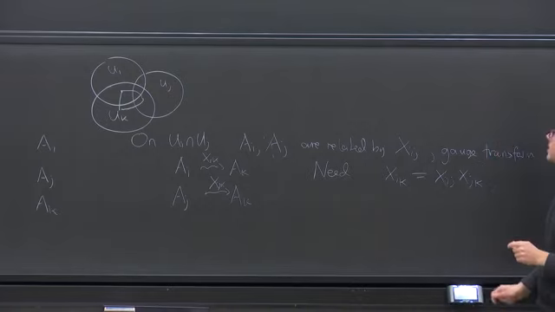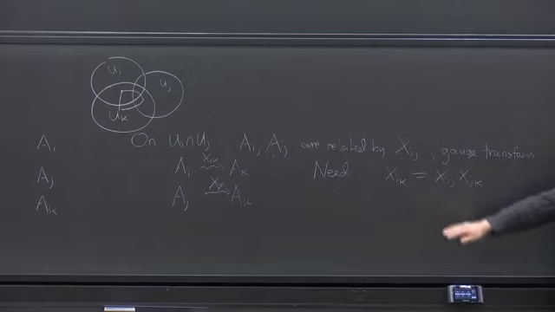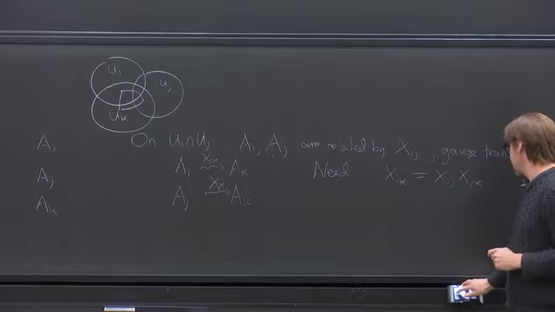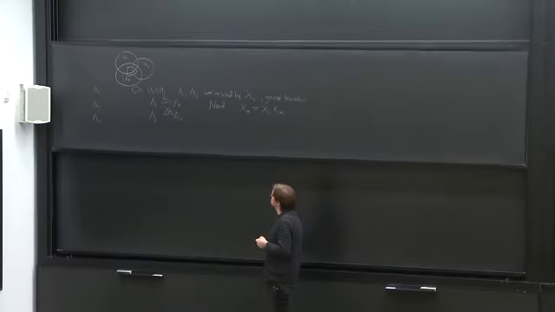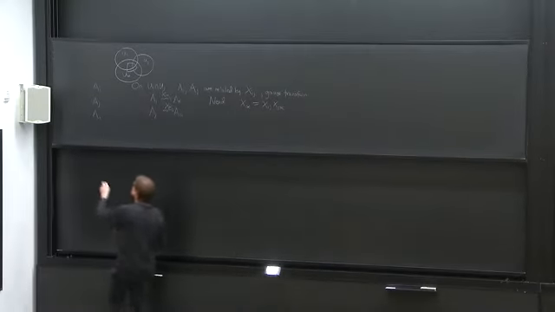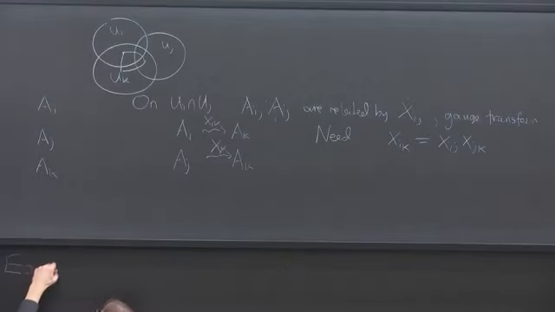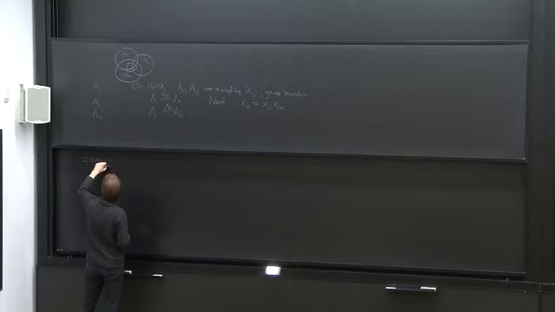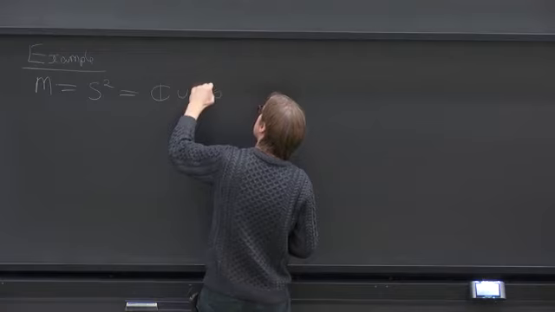So let me give you an example of this kind of thing. The example I'll give you, this particular equation turns out to be trivial. We take our manifold to be the two-sphere, which we view as the complex plane union infinity.